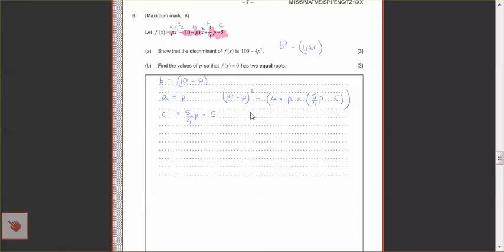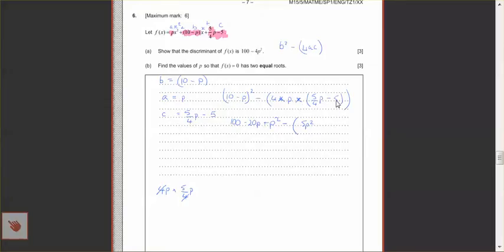So 10 minus p squared is 100 minus 20p plus p squared, minus 4p times 5 over 4p minus 5. That's what it would be.